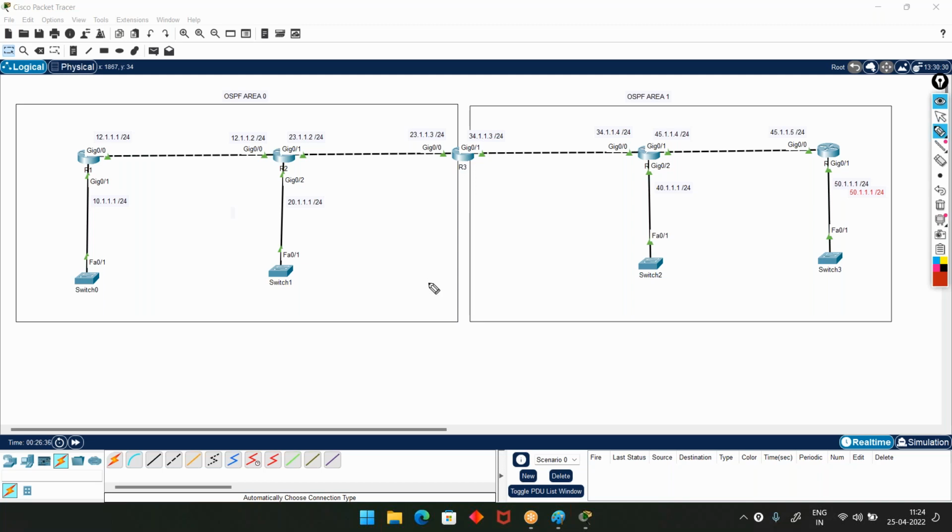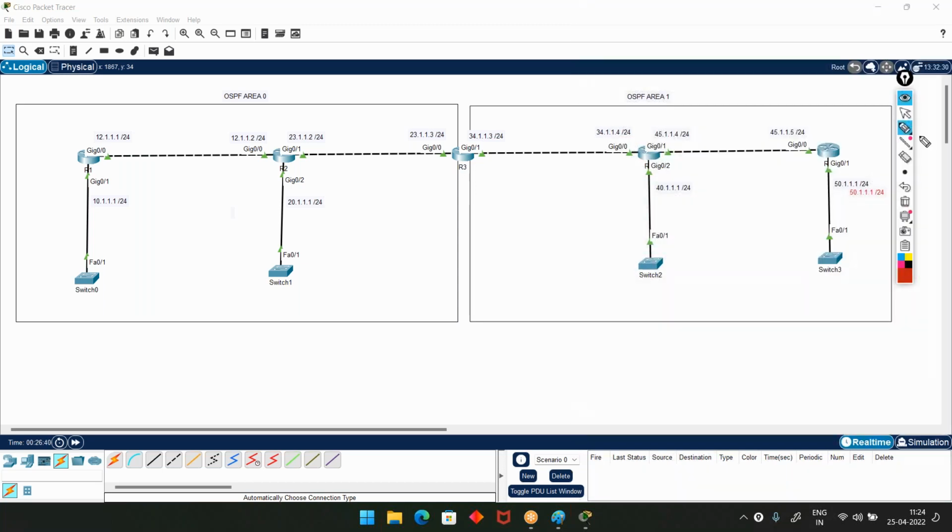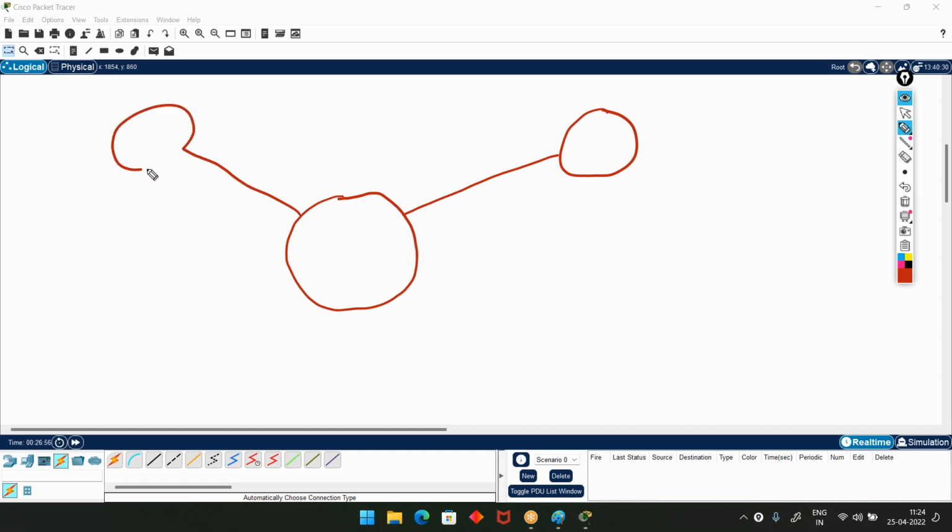Remember one point here. Suppose there is a router, and this router is connected to multiple devices.